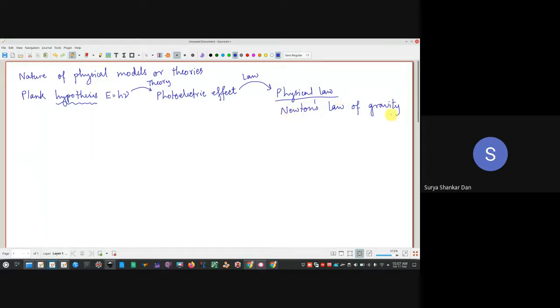Now this Newton's law of gravity, and certain similar laws, basically constituted something called classical physics. Now this classical physics, if you think about it, Newton did not invent classical physics. Newton developed the models and essentially turned all the earlier physics into the models which we have today.